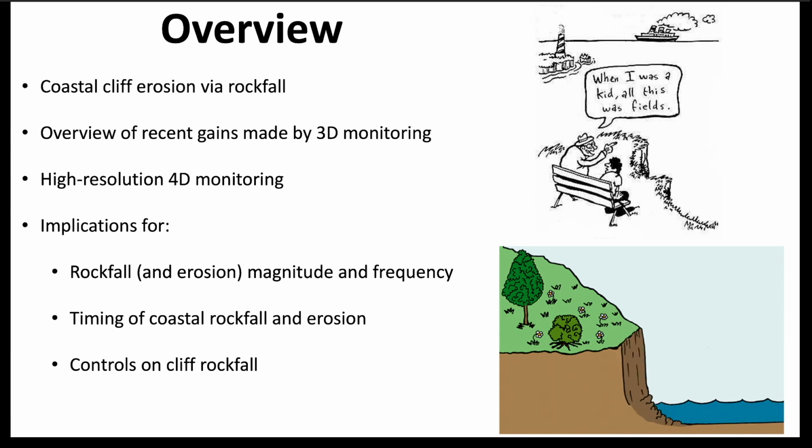What different kinds of insights can we gain? And I want to present three forms of results that we've generated from doing this over the last few years around our understanding of the magnitude frequency of rockfalls from coastal cliffs, the timing of erosion, and also the controls, perhaps sometimes surprising, on when these rockfalls happen and therefore potentially why.